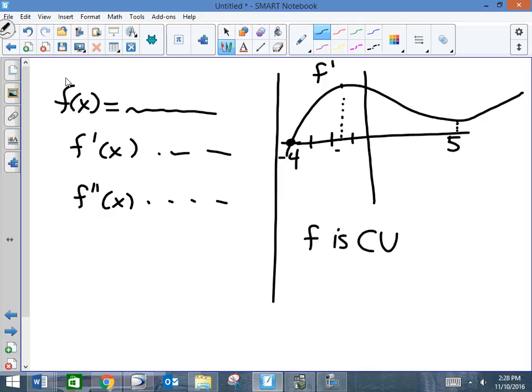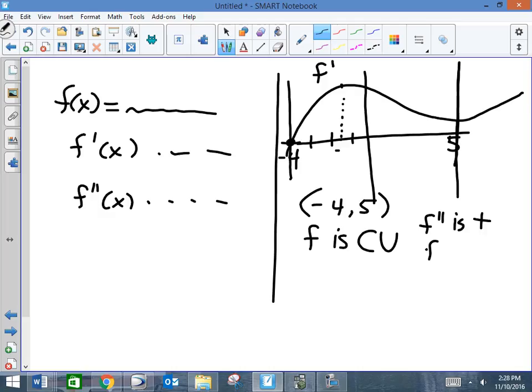And we'll do from -4 to 5, because we won't talk about anything after this point and anything before that point. Okay, now the danger is we still think, okay, f prime, where concave up is where f double prime is positive, which is where f prime is increasing.